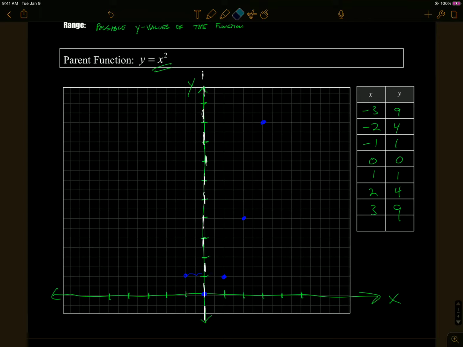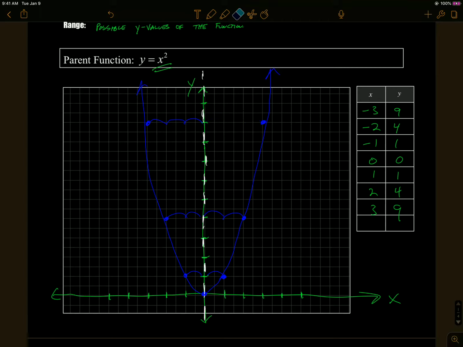It was 1 unit over, because I went by 2's. This one's 2 units over. So the other sister point is the same height, but 2 units over. And then we've got 3 units over. So there's my reflexive points, and there is my parabola.